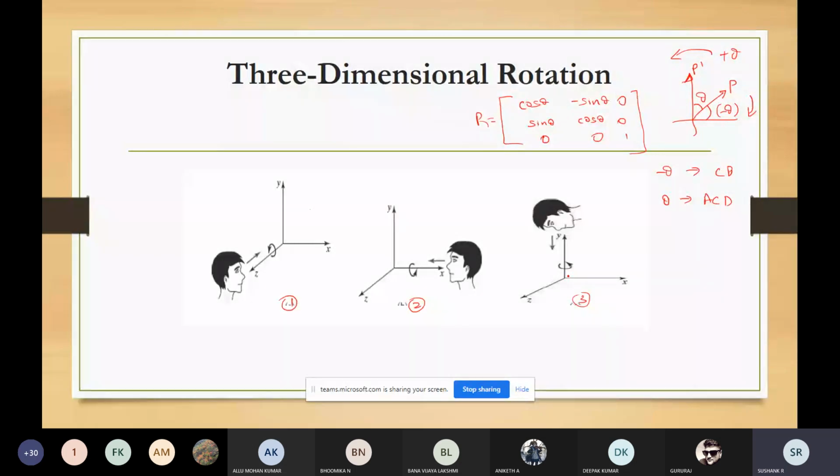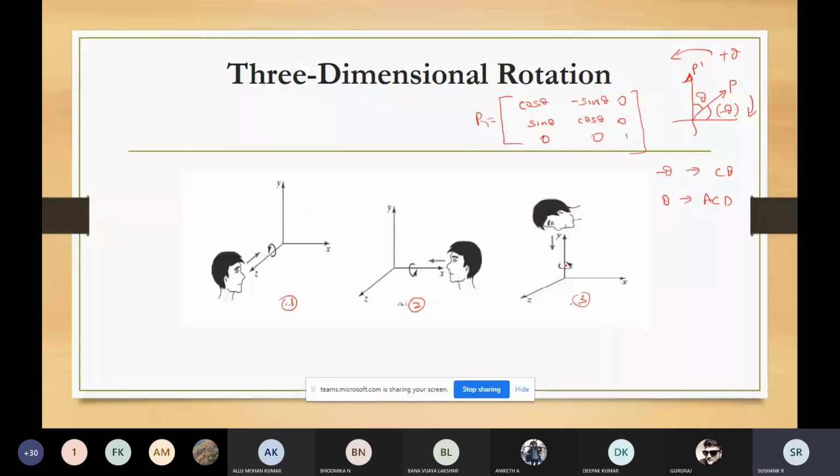Now we know the directions: positive means anti-clockwise, negative means clockwise, and our line of sight is along the axis. Here the person is looking along the three axes, along the z-axis, along the x-axis, along the y-axis.